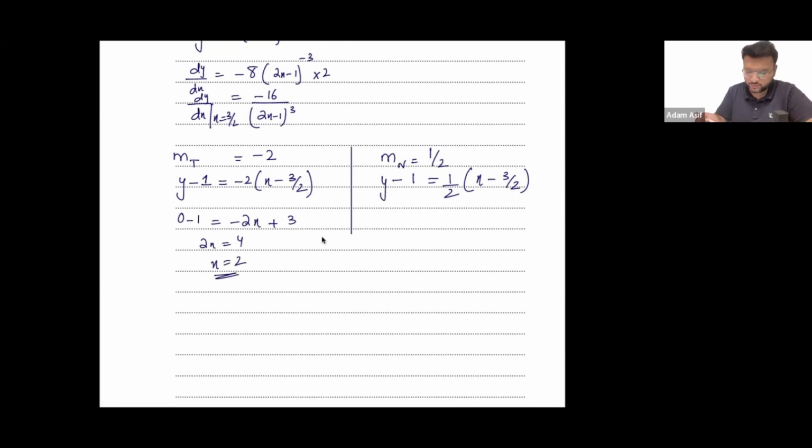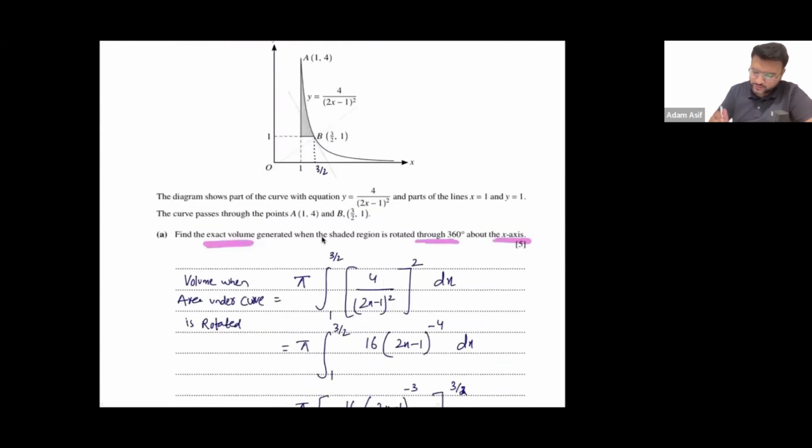So one of the values of x comes out to be 2. So x comes out to be minus half. Okay. So this point shall be minus half.